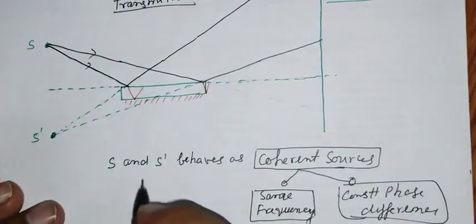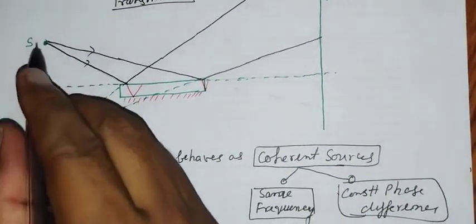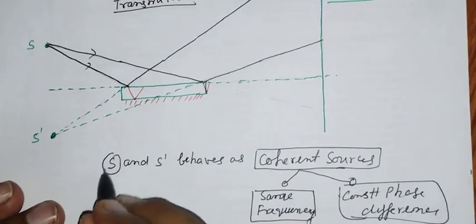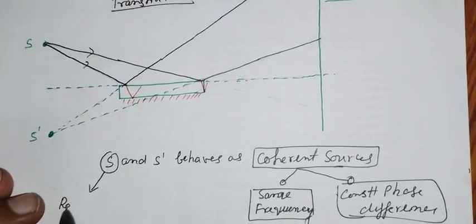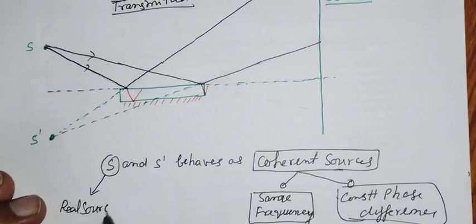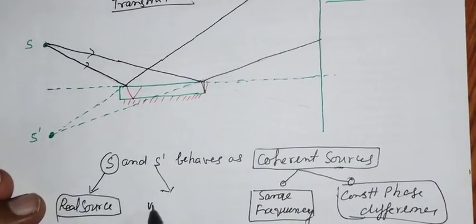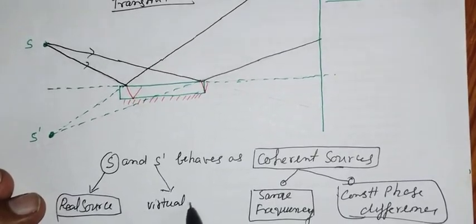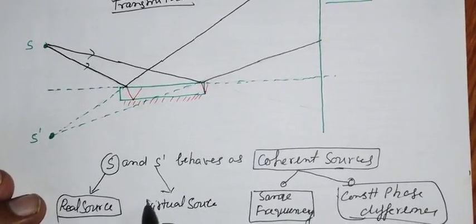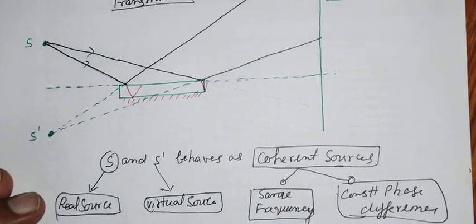So in these two sources S and S dash, S is the real source and S dash is the virtual source. See very carefully.